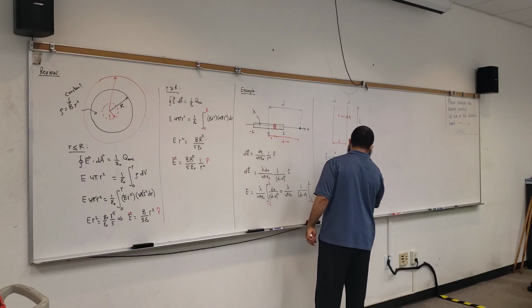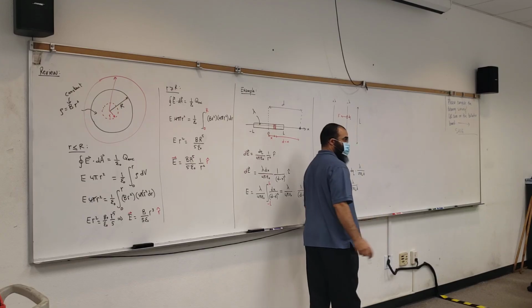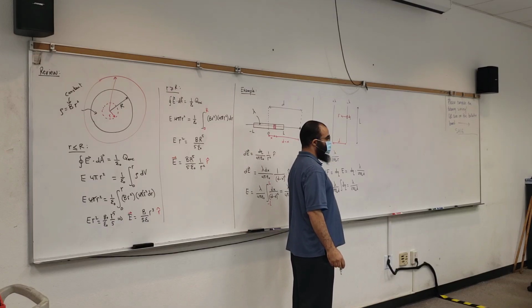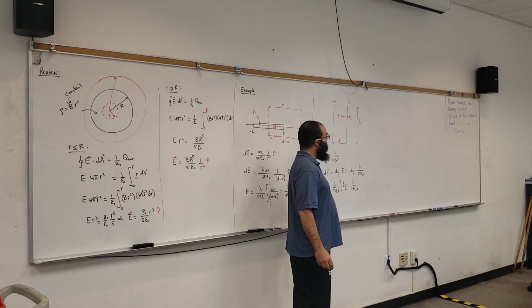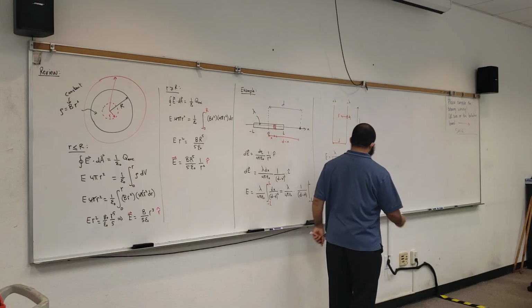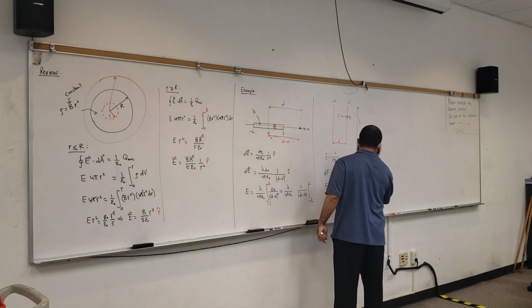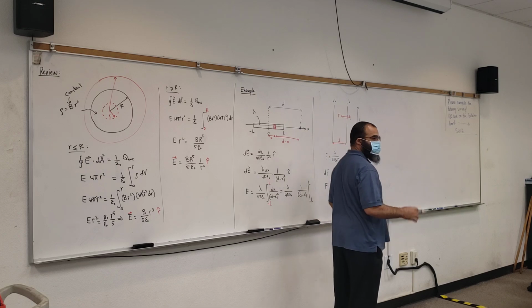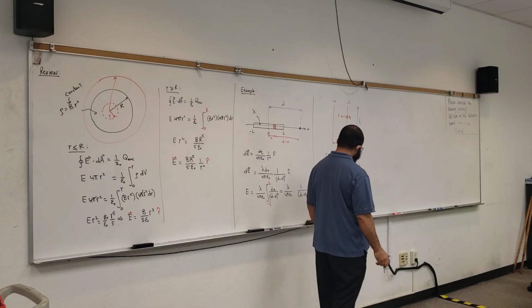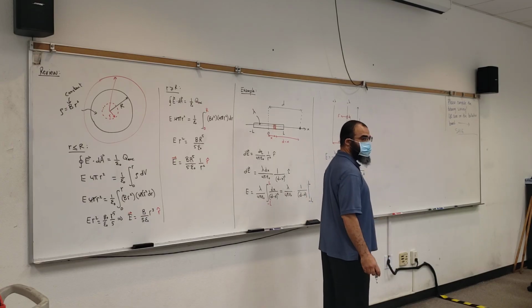This becomes lambda over 2 pi epsilon naught d times the total charge. Total q is q. What is q? Lambda times L. The charge density times the total length. I just want the magnitude of the force. The direction we already determined. Oh, that's the answer.